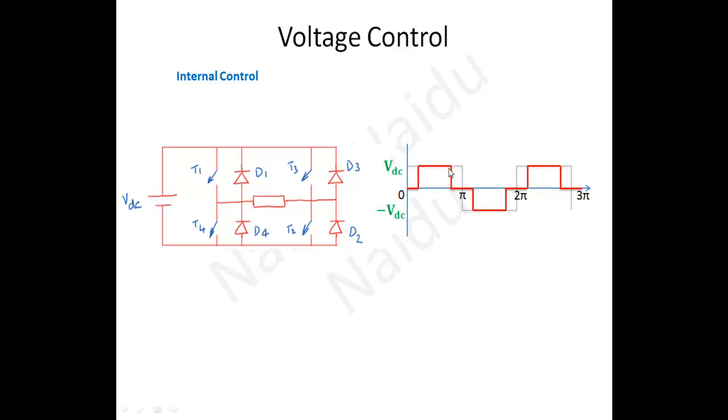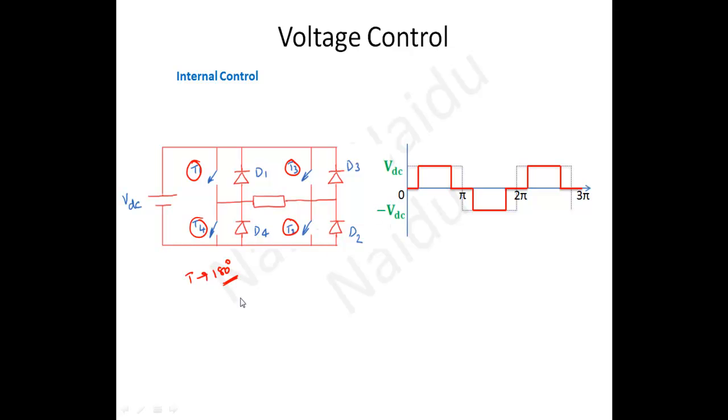That means we will get the output voltage waveform like this. Here thyristors T1, T2 and T3, T4 will be operated such that we get this type of voltage waveform. In the previous case, in this dotted line, we operated these thyristors for a complete 180 degrees.